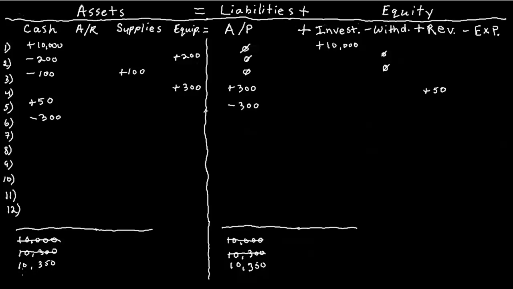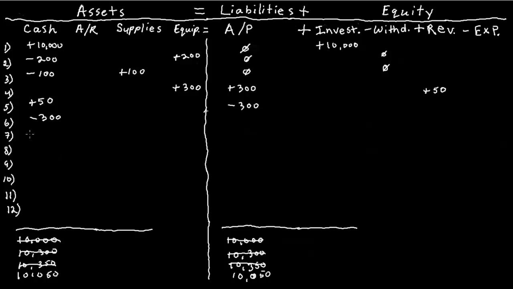And so we subtract 300 from 10,350, which gives us 10,050. And over here we had 10,350, and we're subtracting $300 from there, and so we're left with 10,050. I apologize, my handwriting's a little bit bad, but again, this is 10,050. You can check the math yourself.